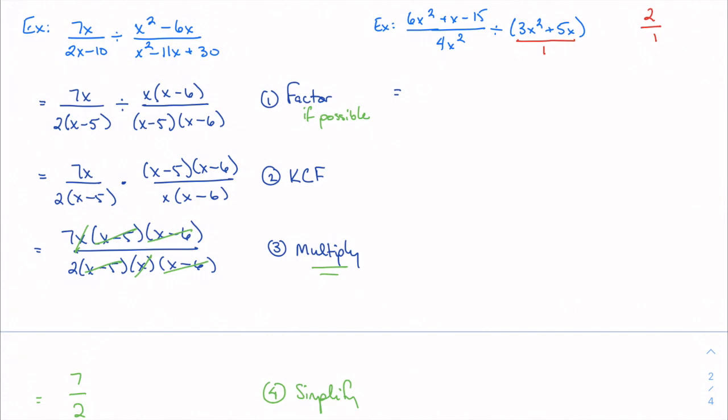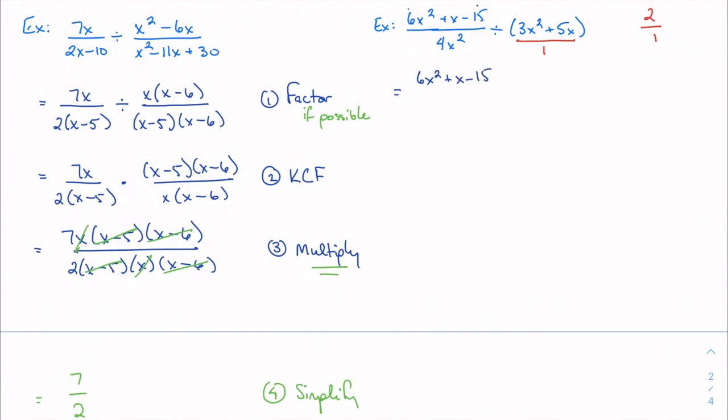I cannot think of any factors of 6 times 15 offhand that add up to positive 1. So we're going to hold off and come back to it. I don't think, off the top of my head, that it factors that way, so let's leave this alone.